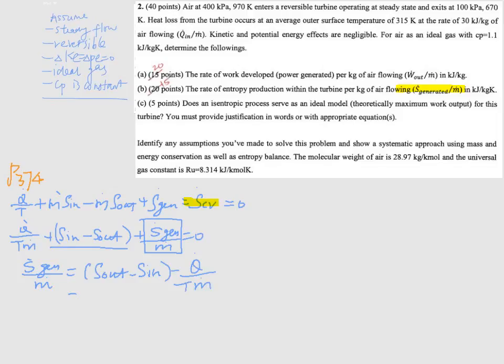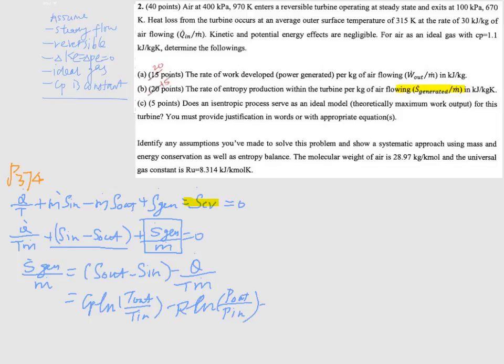This S out minus S in can be rewritten as CP natural log T out over T in, minus R natural log P out over P in.